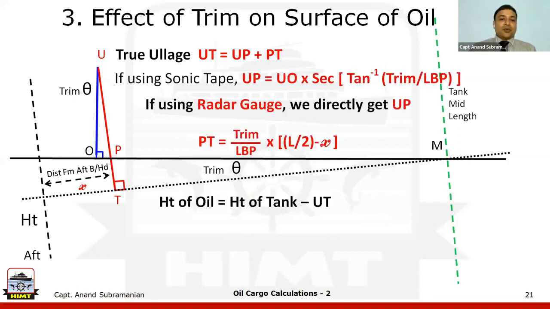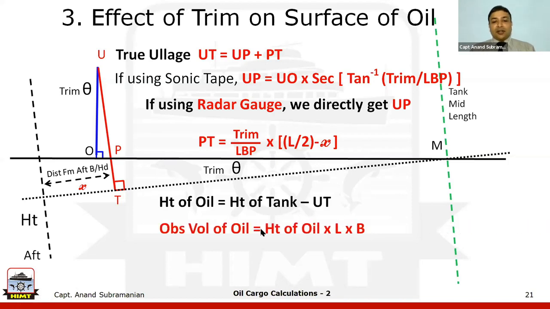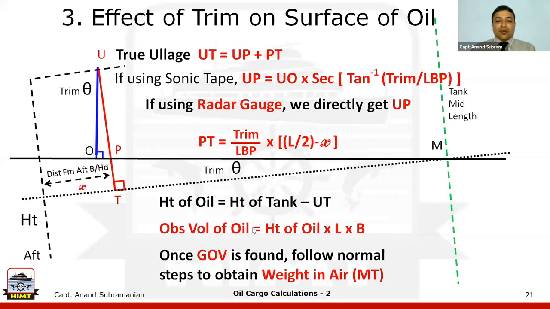Now, once we find out UT, I would say about 90% of the battle is done. What we need to find out is the height of the oil, which is height of the tank minus UT. From there, we find out the observed volume of the oil, and from there we use the normal calculations and formulas.